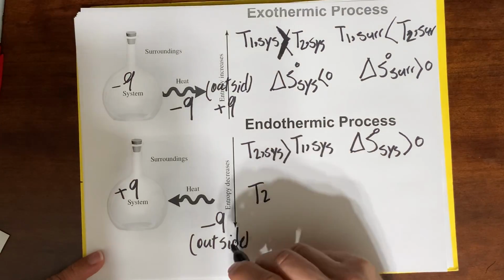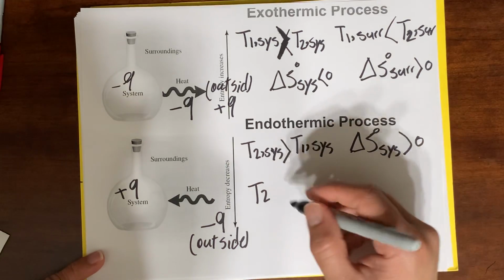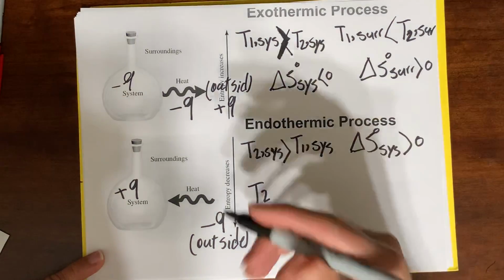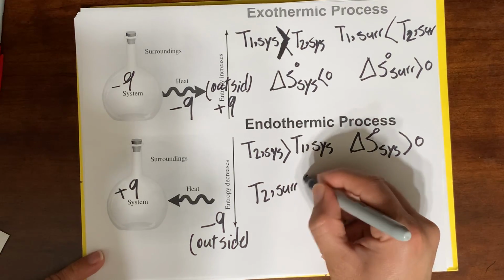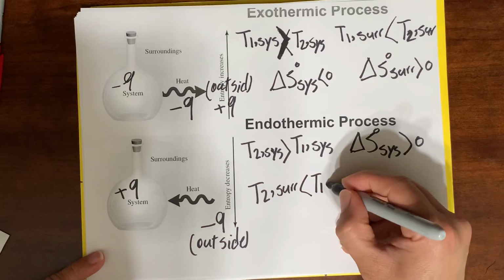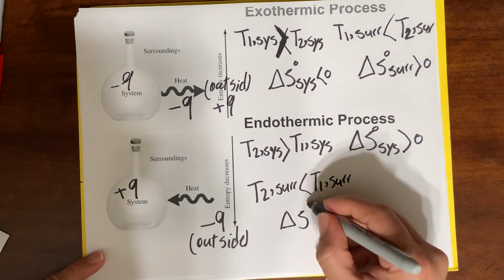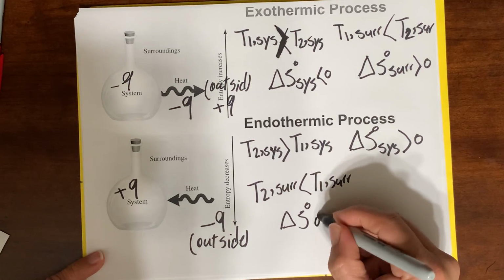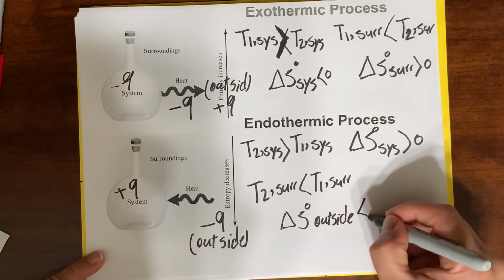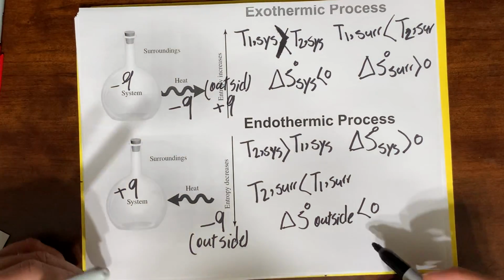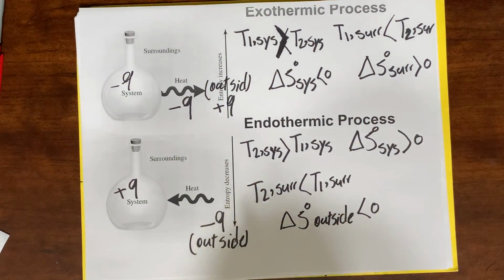Change in entropy of outside this time is going to be negative. Outside is losing heat, so T2 of surrounding is less than T1 of the surrounding. So change in entropy of outside or surrounding will be a negative number because we lost heat. This one is getting colder while the system is getting warmer.